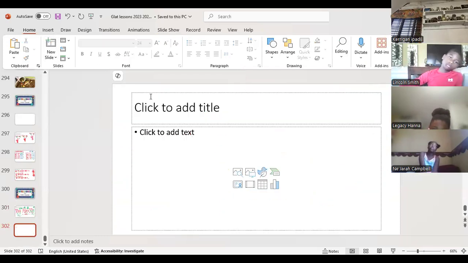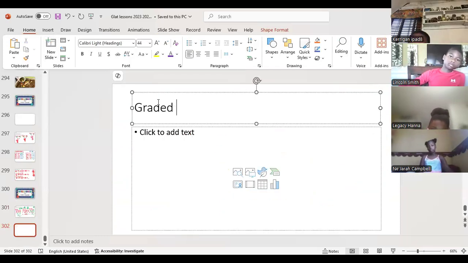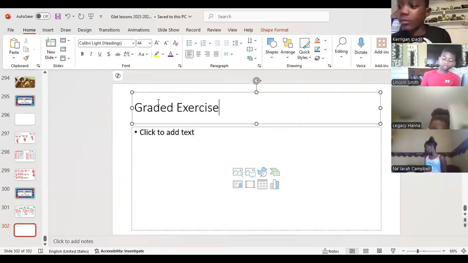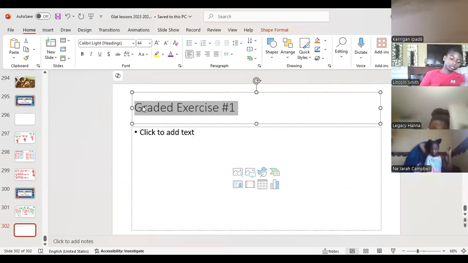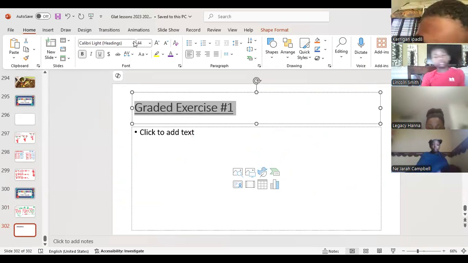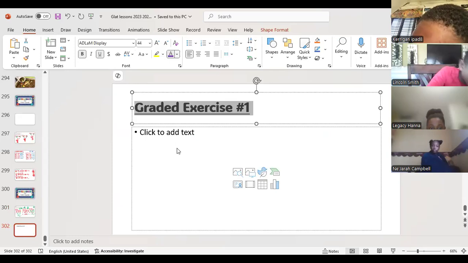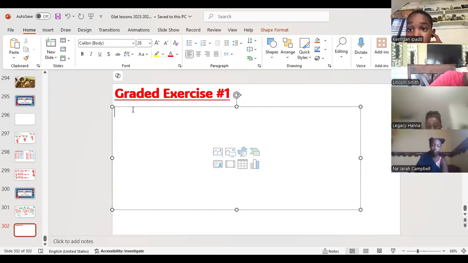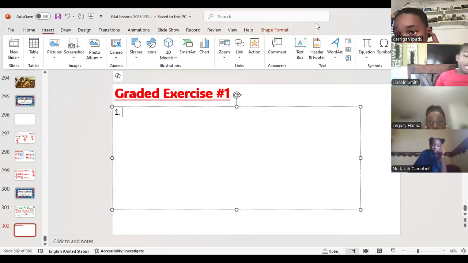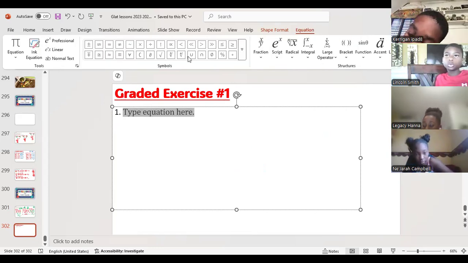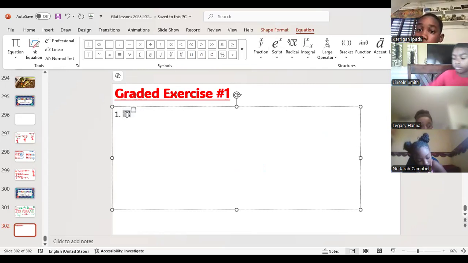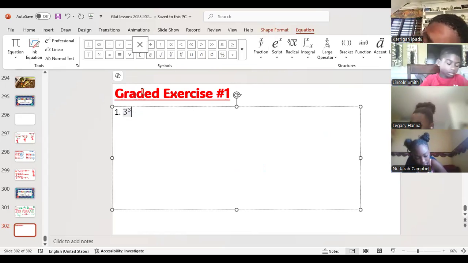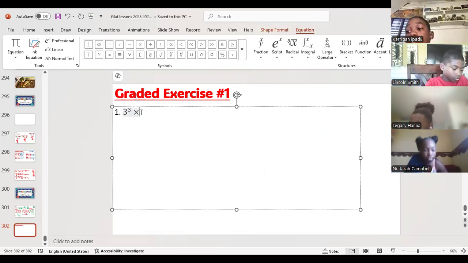All right, let's move on to the graded exercise. You're going to do a graded exercise on this. Graded exercise number 1: we have 3 to the 3rd power multiplied by 4 squared.